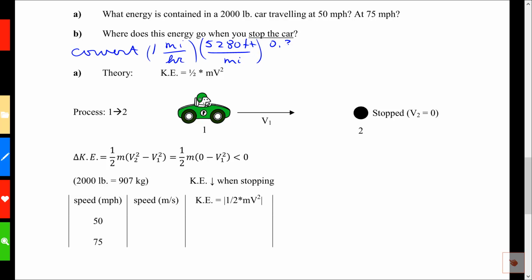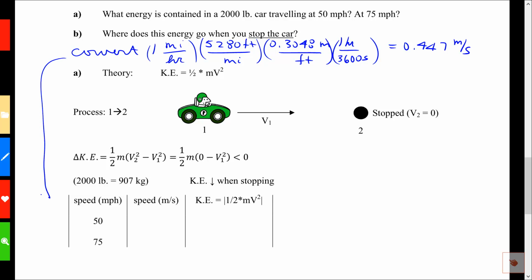There's 0.3048 meters per foot, and there's 1 hour, which is the same as 3,600 seconds. So if I compute those, I'm going to get 0.447 meters per second, the same as a mile per hour. So that's the conversion factor I'm going to use down here.